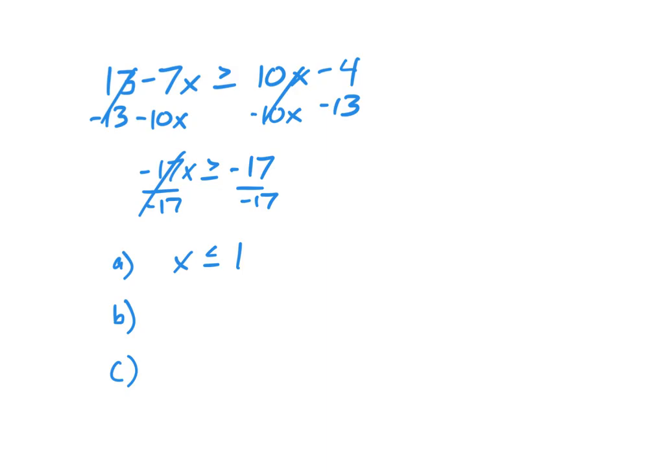If I were to graph this, we're going to start at 1, and 1 is going to have a bracket on it, and it's less than, so it's going to be shaded to the left. So very similar to the one we did just a second ago, except it's a bracket instead of a parenthesis.